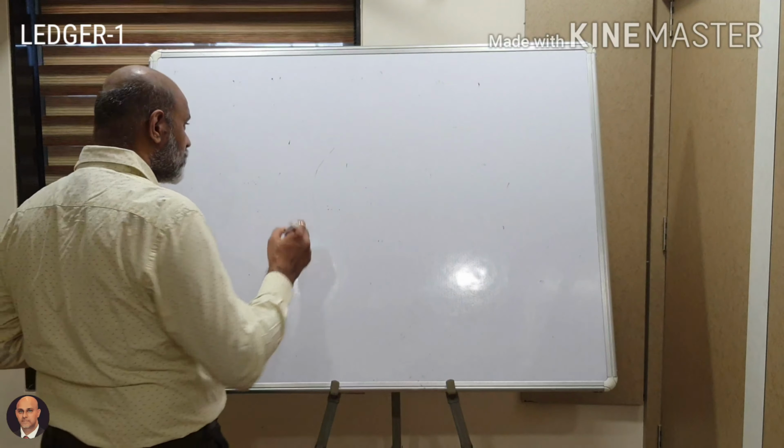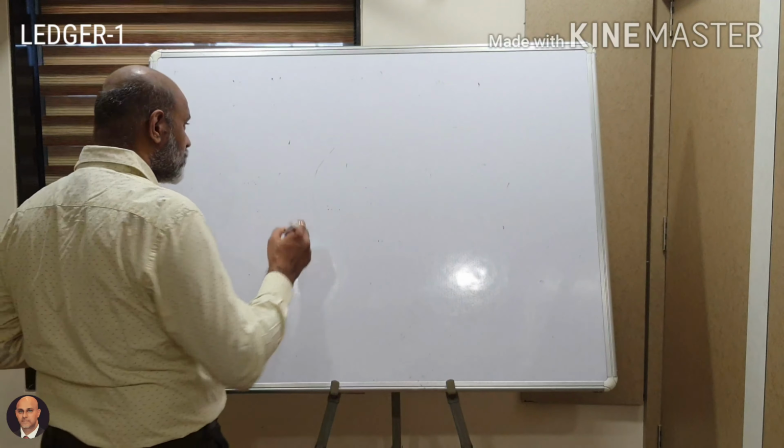And of course, your last column is your amount, which is in rupees. Okay, so this is the format of the ledger. The ledger is divided into basically two equal halves, the left hand side being the debit and the right hand side being the credit side.